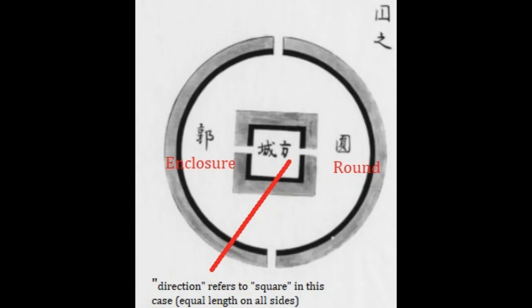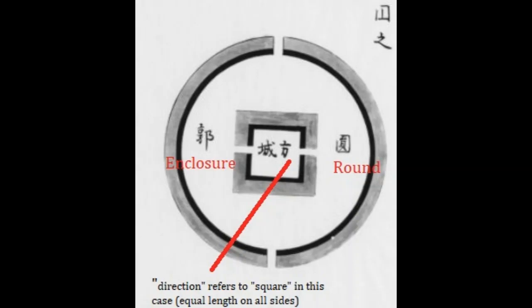The most basic castle structure that's presented in this system is a round enclosure around a square fortification. You can see where I've put round enclosure next to the kanji, that that's what those kanji mean. And then the central part, that term refers to a square.